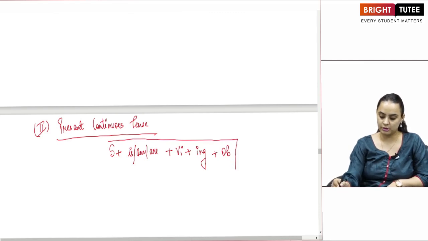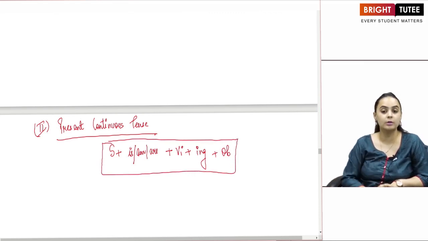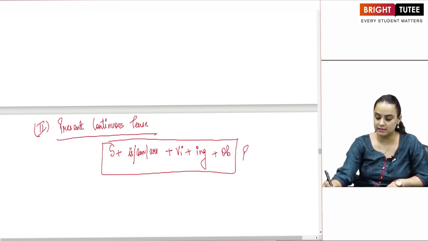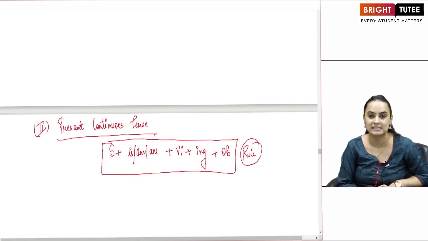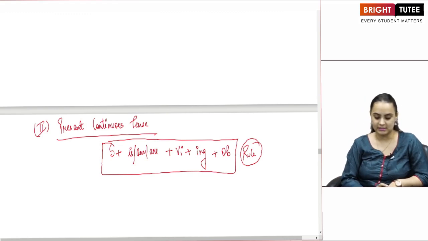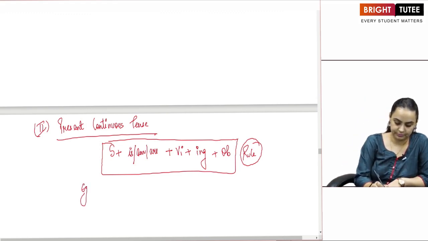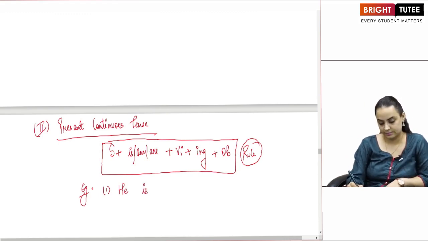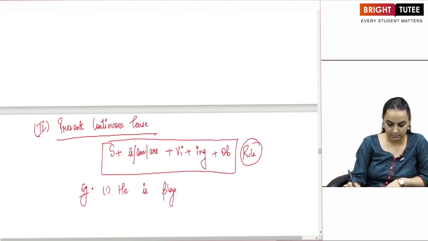So, subject plus is, am, are plus first form of the verb ing and the object, and this is my rule of the present continuous tense. For example, he is playing cricket.